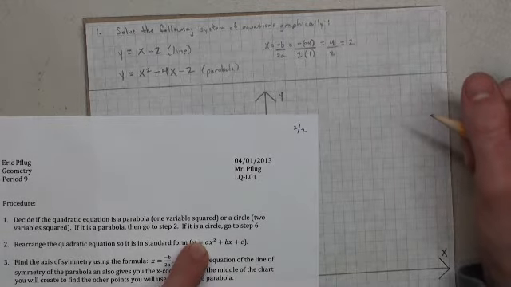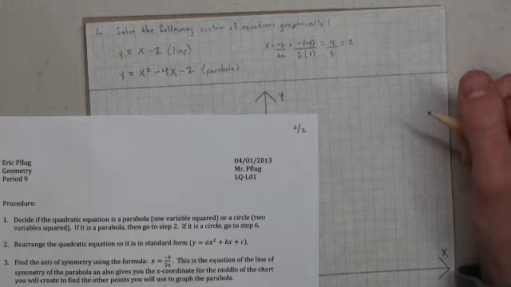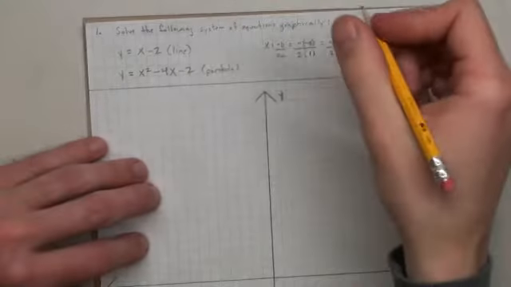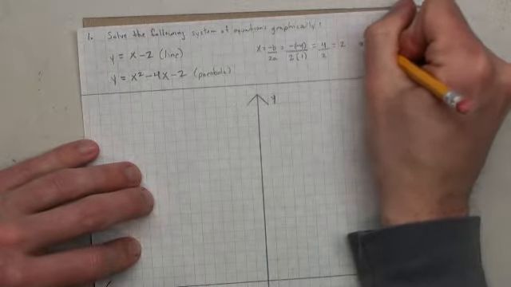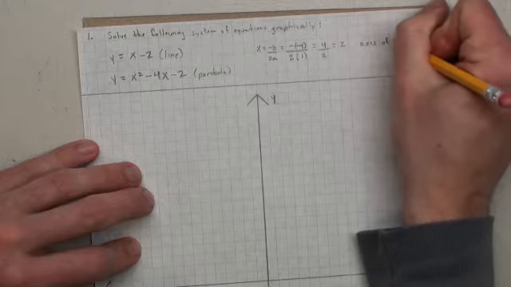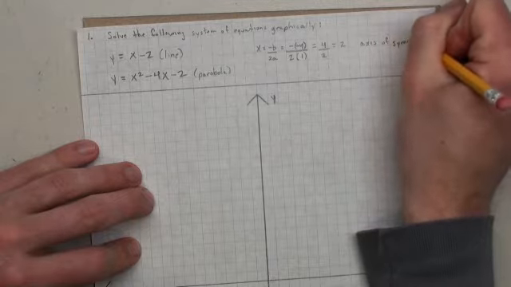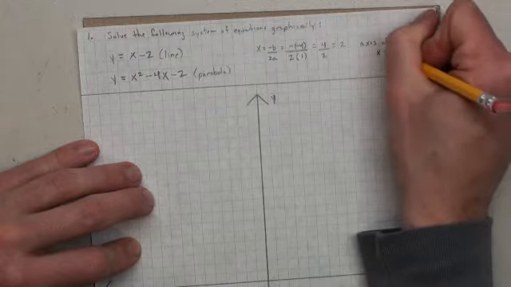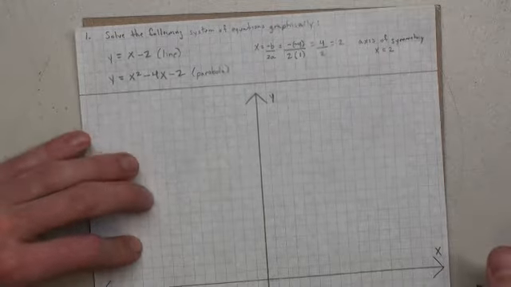Okay? So I know that my line of symmetry, I mean my axis, really it's a line of symmetry, but my axis of symmetry is x equals 2. Okay, so let's draw that in, and we draw that line dotted.